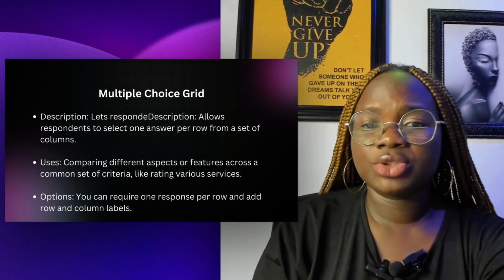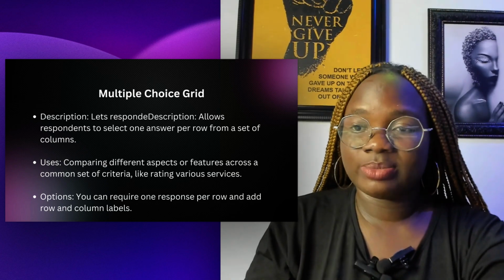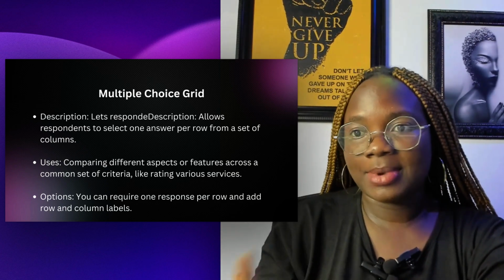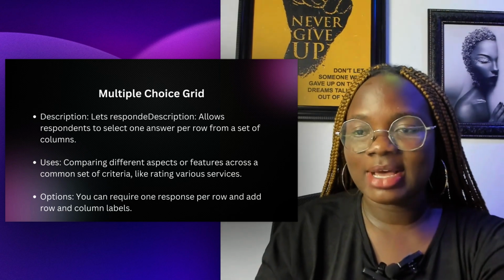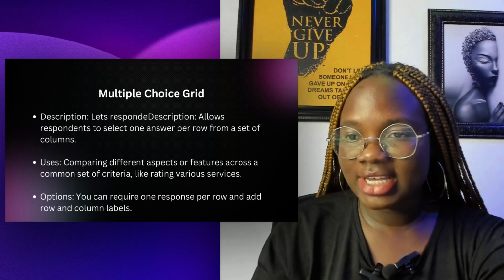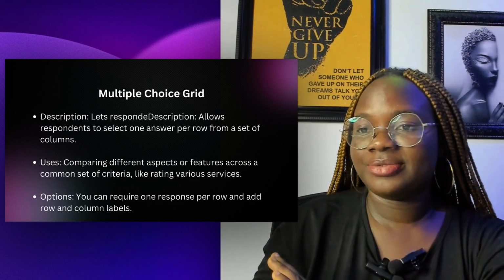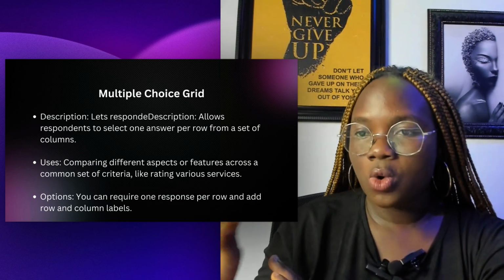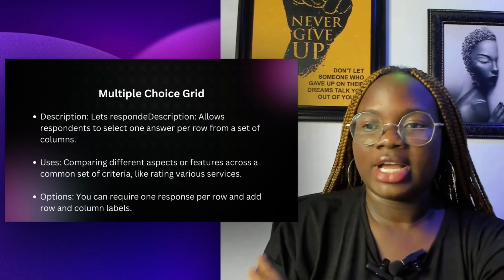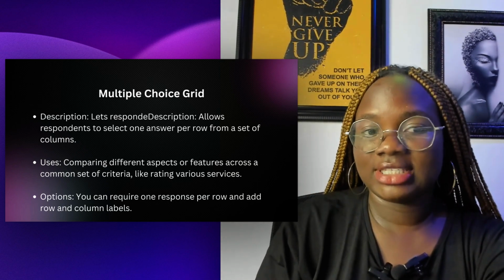Okay, so for multiple choice grade, it allows the respondents to pick only one answer per row. So the likelihood of them employing a CRM expert, an email marketing expert, and a data analysis expert. So you can have different checkboxes for that, and they can pick only one answer on each row. I am going to go into the forms and explain this better.